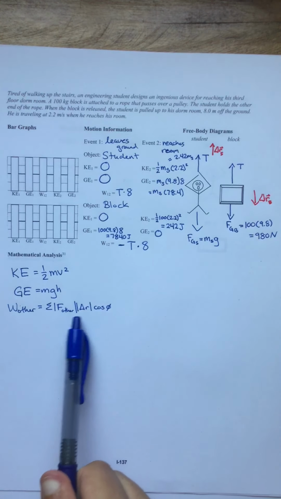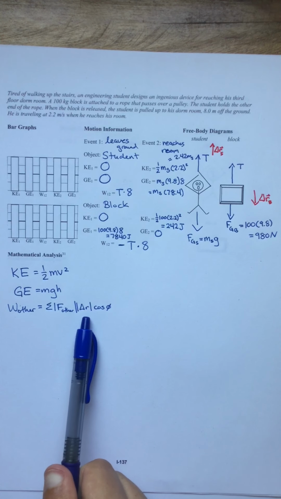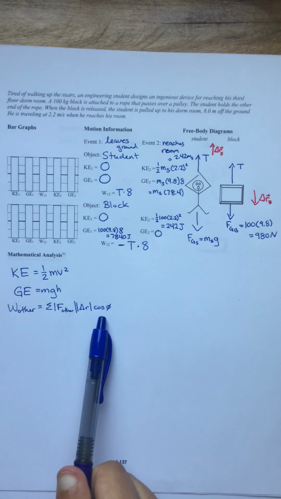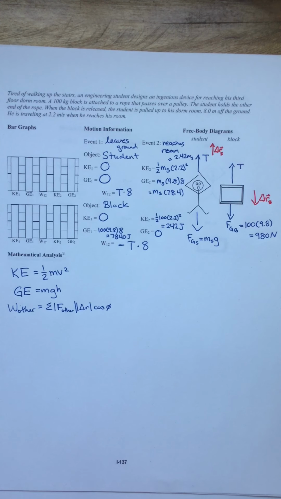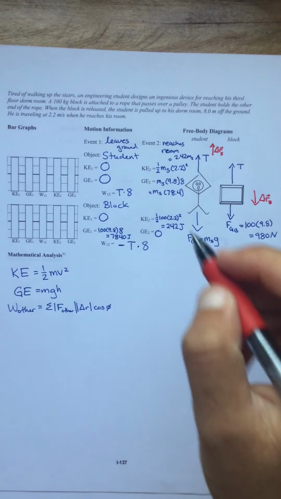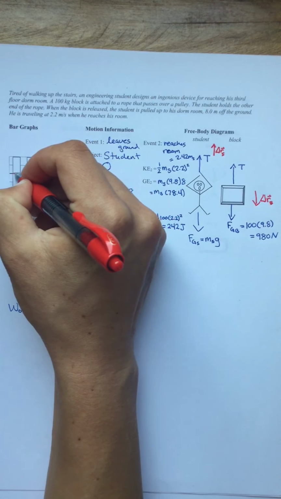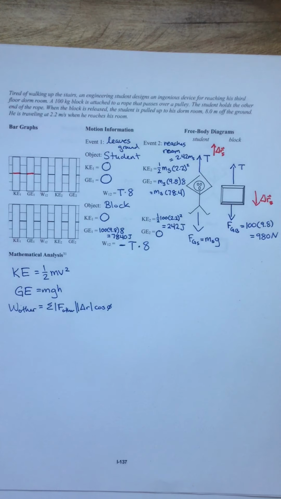Because this is the magnitude of the force and the magnitude of the displacement, the direction doesn't matter. The sign is just coming from the cosine of the angle between the two. Okay, so now we filled out the table. I guess next maybe we can do the bar graphs. So for the student, initial kinetic energy is 0, initial gravitational potential energy is 0, so that looks like this.